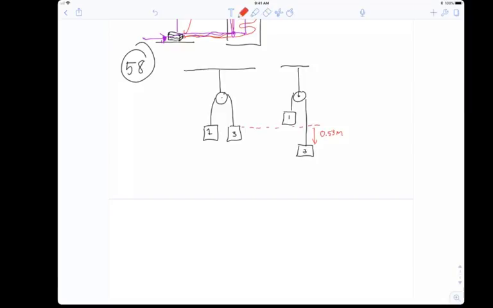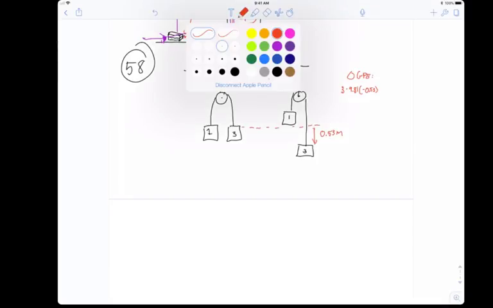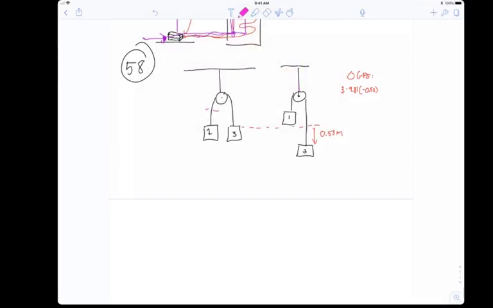So we want to calculate the change in the gravitational potential energy of the system. The deal here is there's two aspects to the gravitational potential energy. There's the change of the red block, which is m, which is 3, times g, 9.81, times the change in height, minus 0.53. The gravitational potential energy is decreased that much. But the gravitational potential energy of the other block, this purple one, must have increased by 0.53.